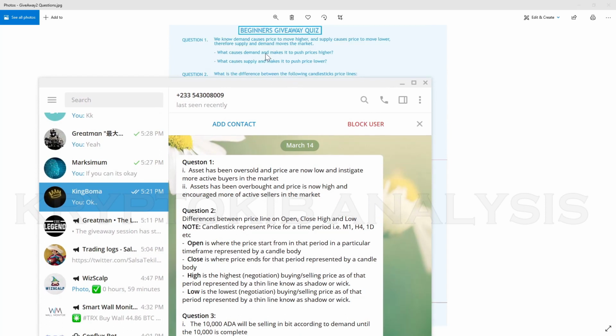What causes demand and makes it put prices higher? Asset has been oversold and price is now low and instigates more active buyers. How do you see this? It doesn't answer it, right? Okay, that means the second one too won't answer the question.